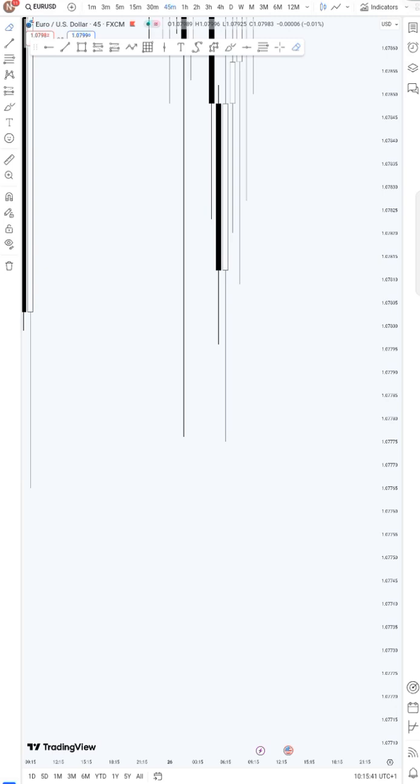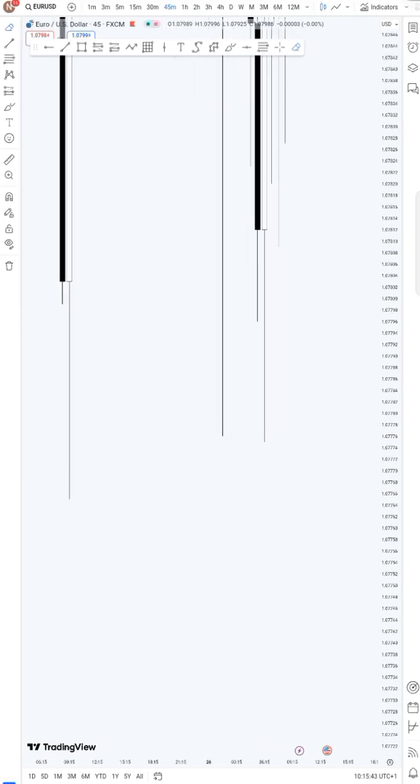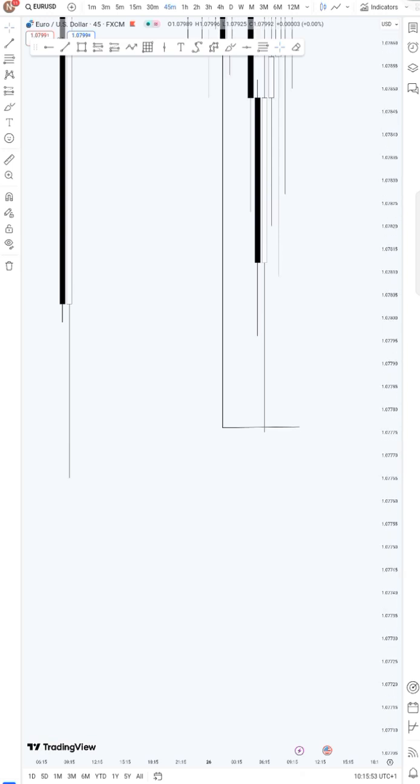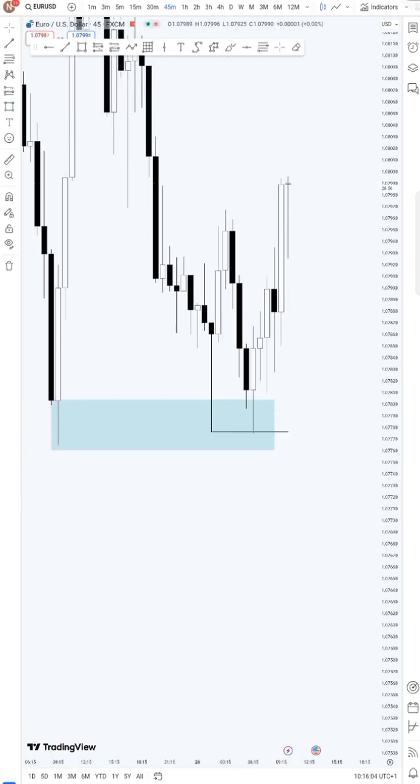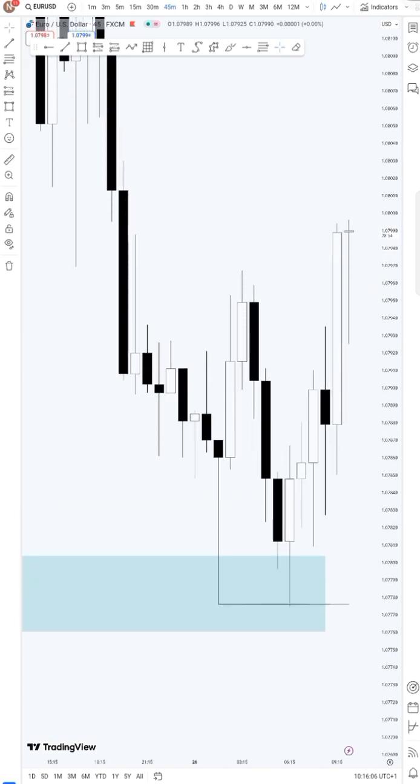So in the next structure, we'll see an example of our type 3 structure as I showed you guys. You can notice that there's a sweep here. Price swept liquidity around this area a bit. But remember, we tapped into an area before sweeping that liquidity, and we formed a choch around here.